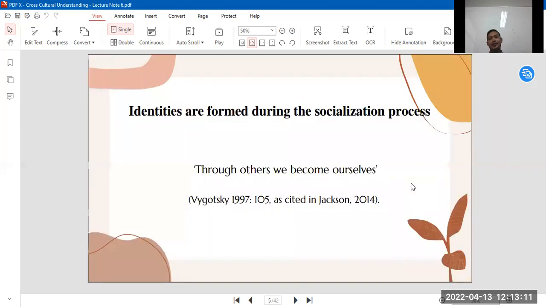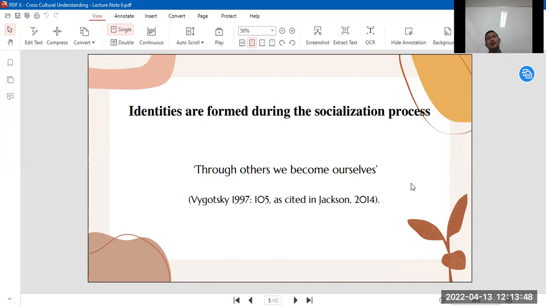That is, identities are formed during the socialization process. Identities are formed and identities are developed. We remember when we were young, we began to form our sense of self through the primary socialization process.